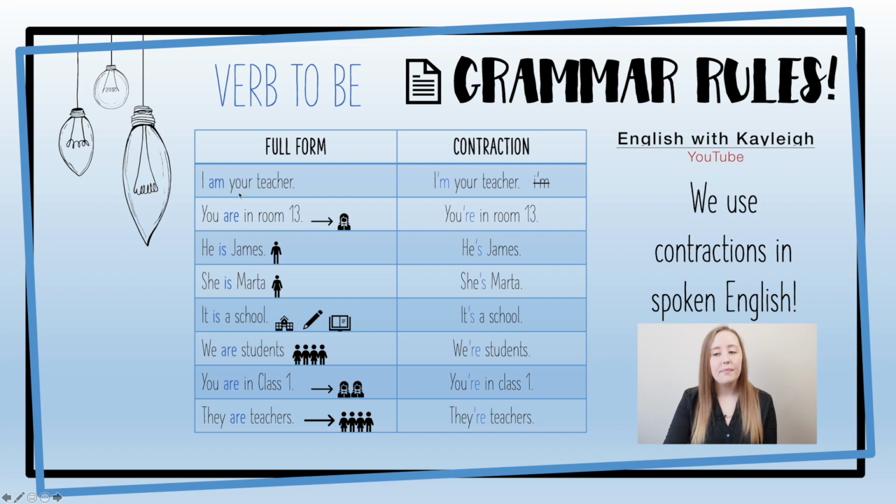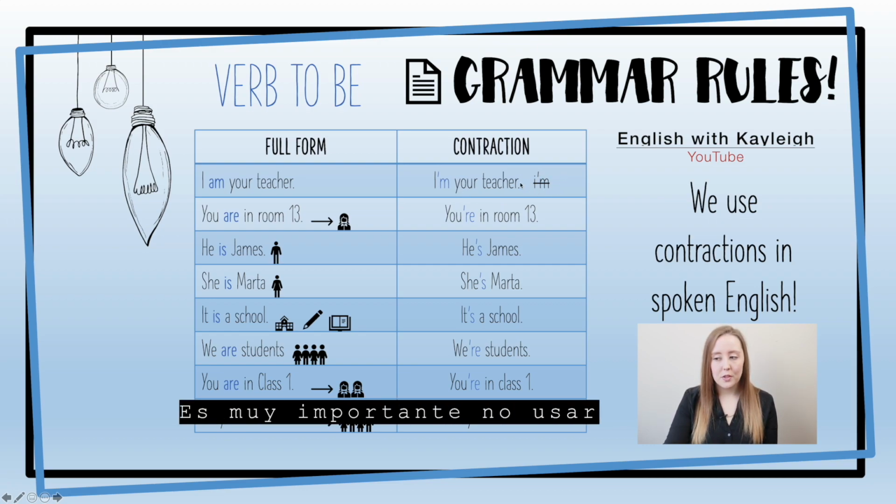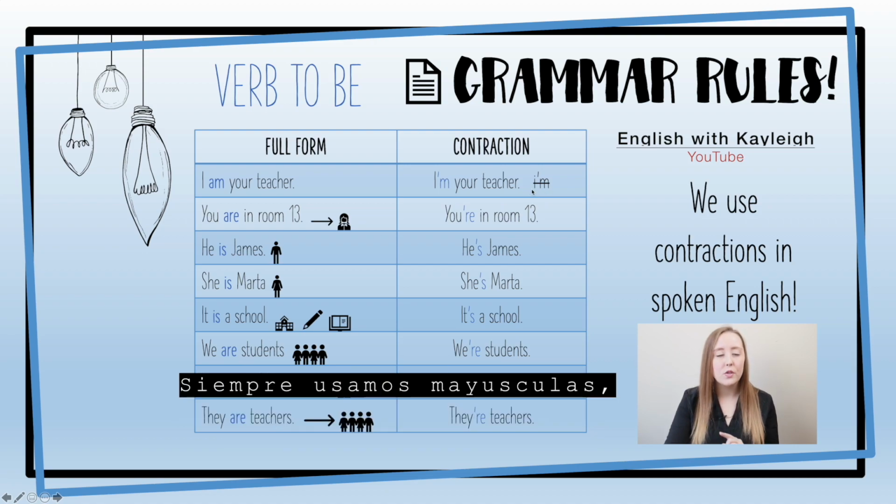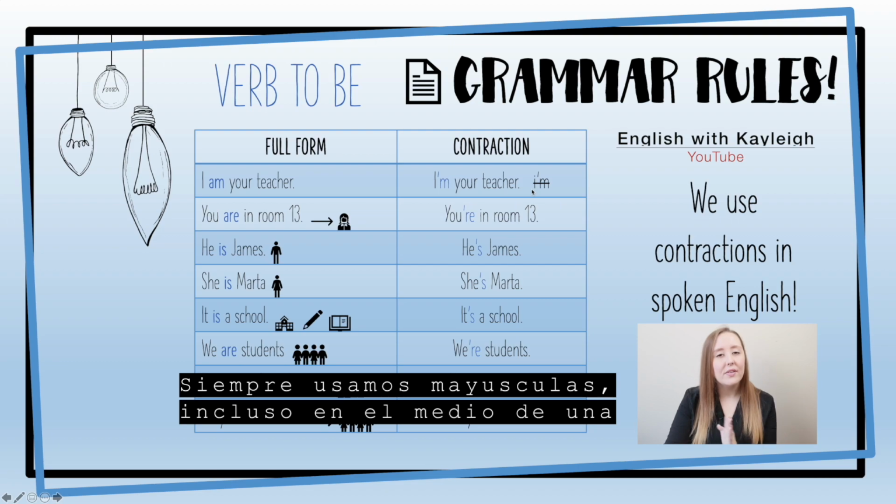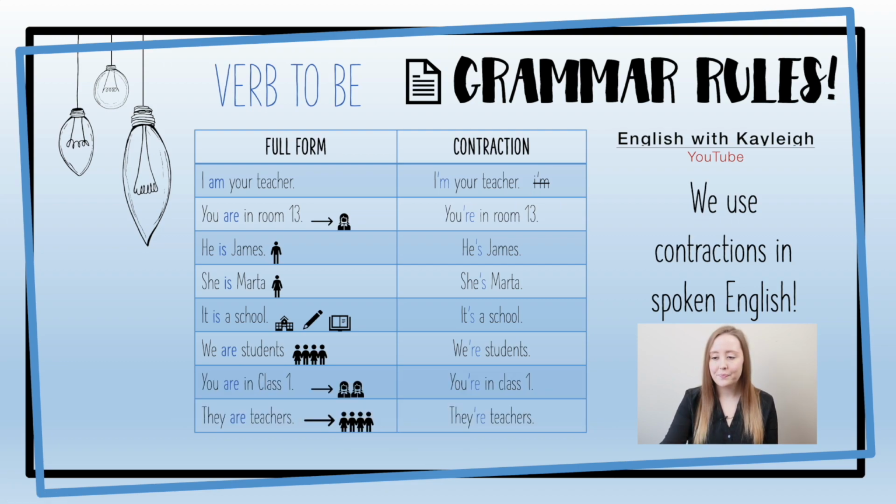Listen again. I am your teacher. I'm your teacher. It's very important that we do not put a small i with I'm. We always use a capital letter, even in the middle of a sentence.